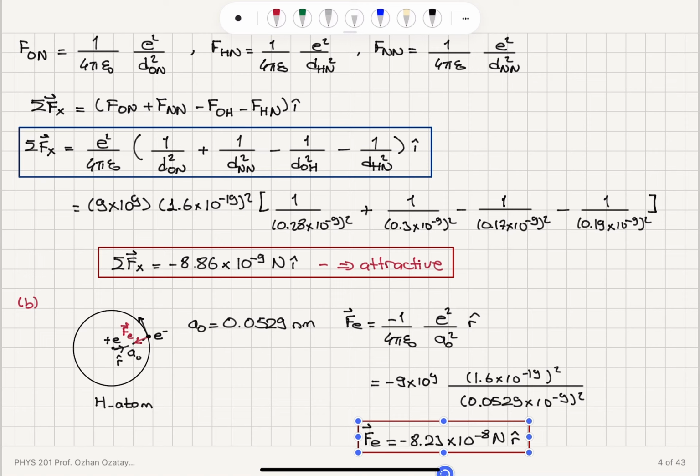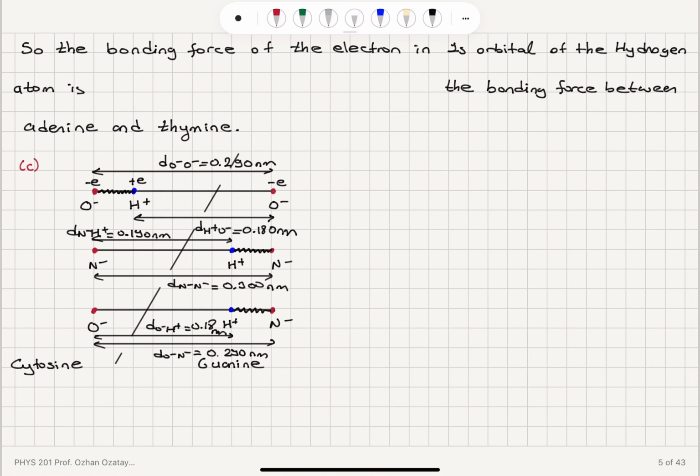Now, we want to compare this bonding force with the force between thymine and adenine. So we see that the bonding force of the electron in the 1s orbital of the hydrogen atom is an order of magnitude higher than the bonding force between the adenine and thymine.